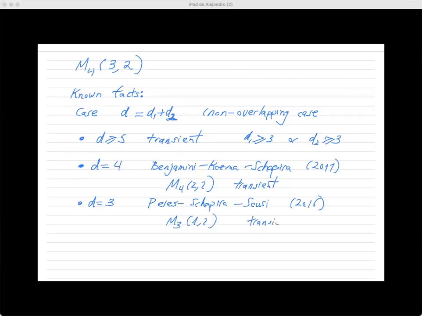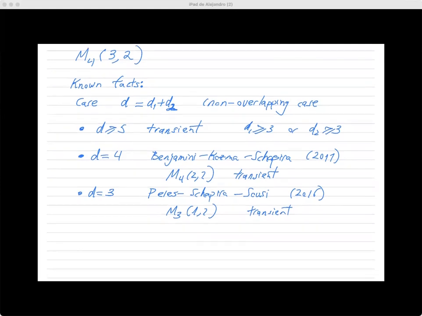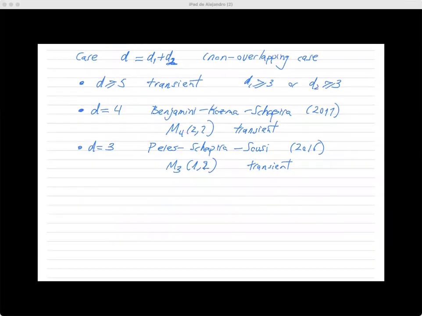So M312, okay, this means that old sites use 2 dimensions and new sites one dimension.